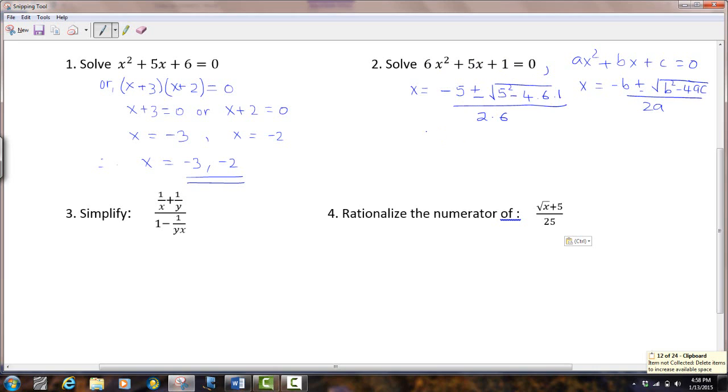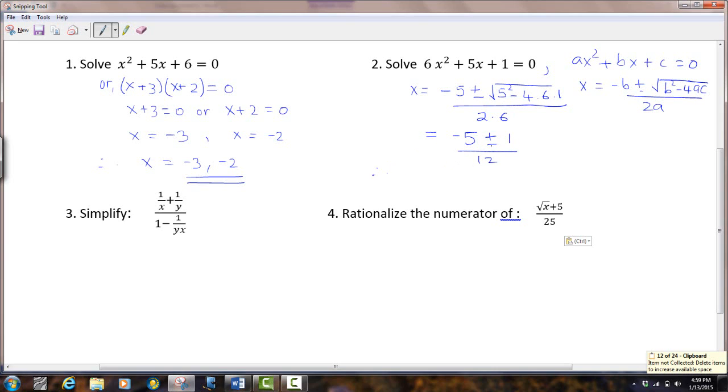Inside the radical sign, 5 squared is 25, minus 4 times 6 is 24, so 25 minus 24 is 1. The square root of 1 is just 1, divided by 6 times 2, which is 12.